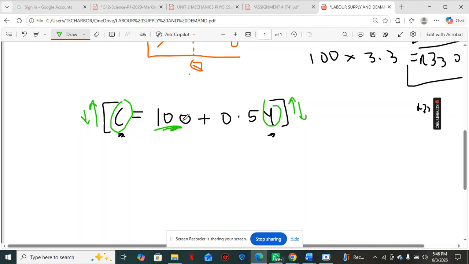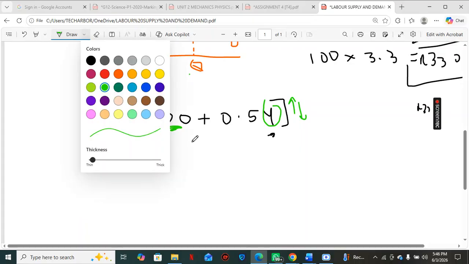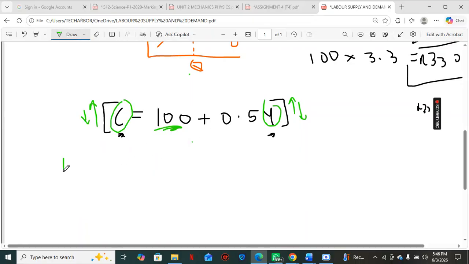Now we're going to get the spending multiplier and the tax multiplier, and interpret what they mean. So the spending multiplier formula is K equals 1 over 1 minus MPC. MPC is the marginal propensity to consume, which is represented by this 0.5.